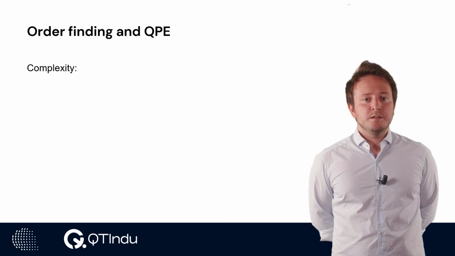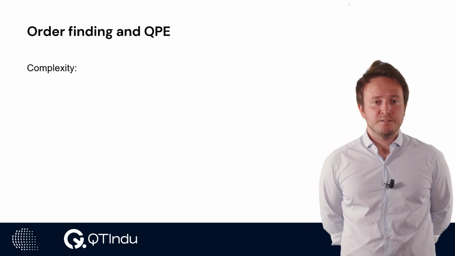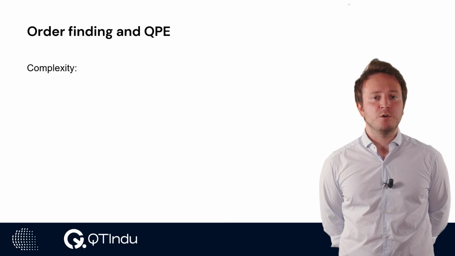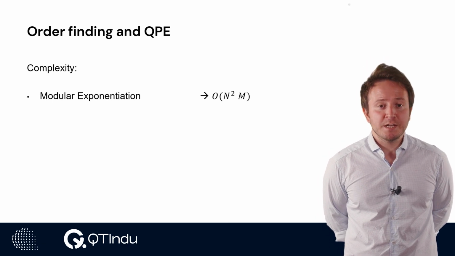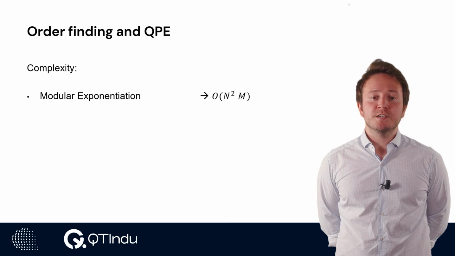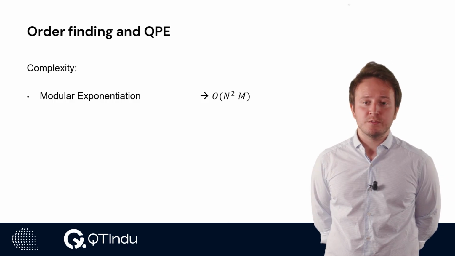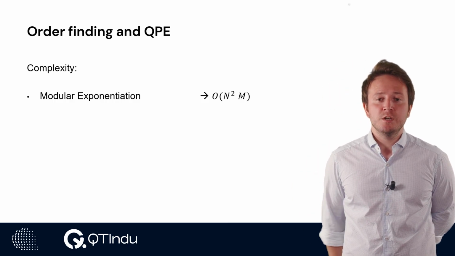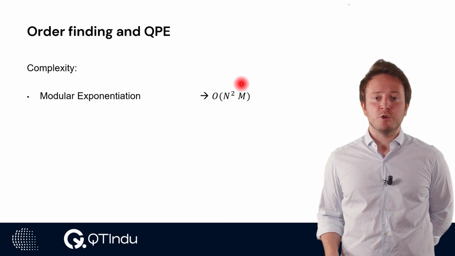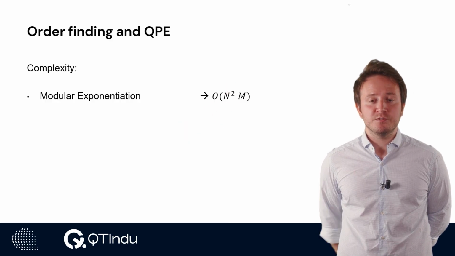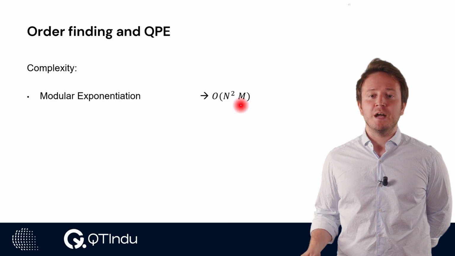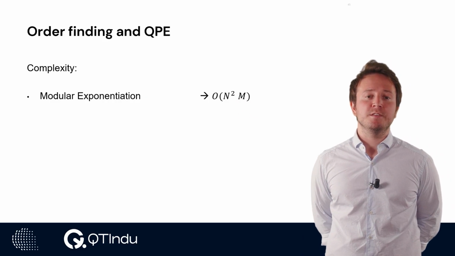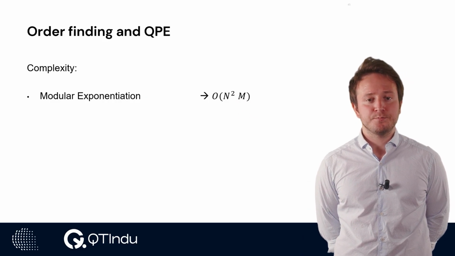So let's see the complexity of this simple algorithm. The modular exponentiation requires n squared times m operations, where n squared is because the multiplication scales as n squared, and m is the number of times we need to apply the unitaries now that we did the modular exponentiation trick.